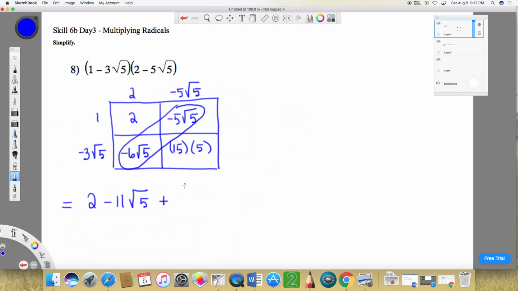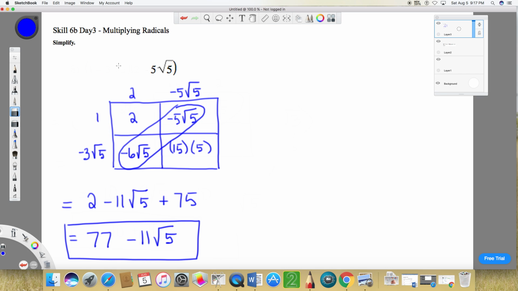And 15 times 5, 75, added to that 2 is 77. And these are unlike terms. We can't combine these. So this is our final answer.